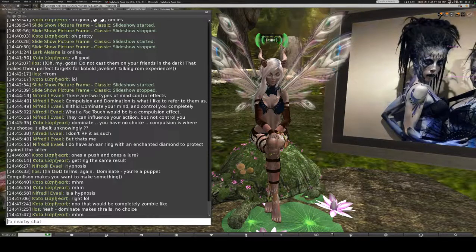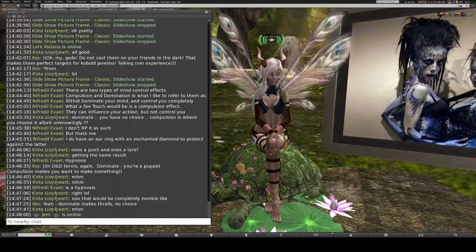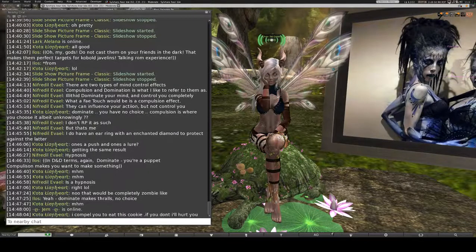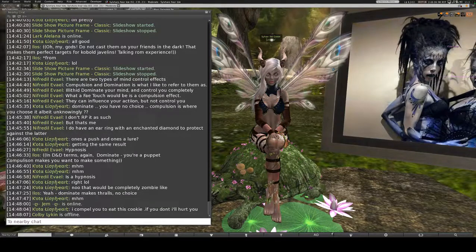I do want to say that not all Fey types have the ability for Fey touch, and it is typically only allowed to be used, at least in Silvara, by the Elder Fae.